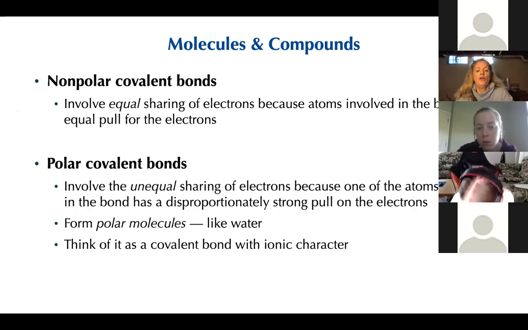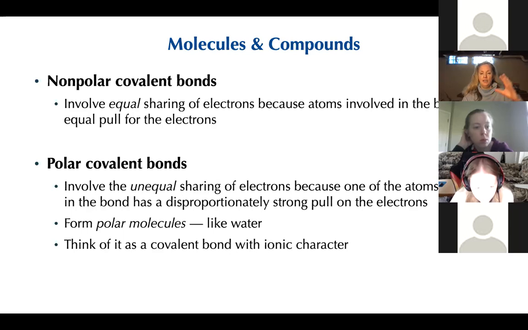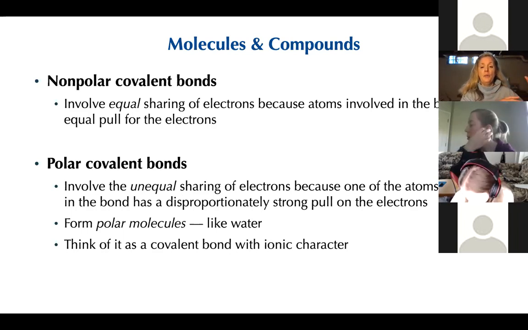All right, so polar covalent bonds are going to have this unequal sharing of electrons. How I like to think of it is you have your ionic, that's completely an attraction between the molecules, where one completely steals away an electron from another. They're in kind of a codependent relationship, right? One's a taker and one's a giver.